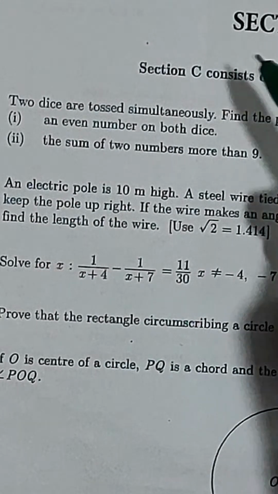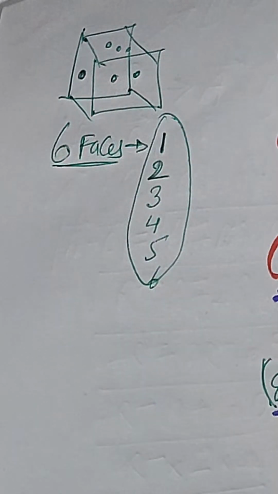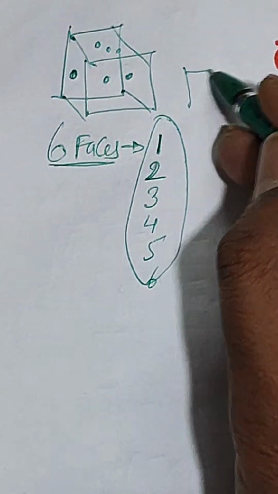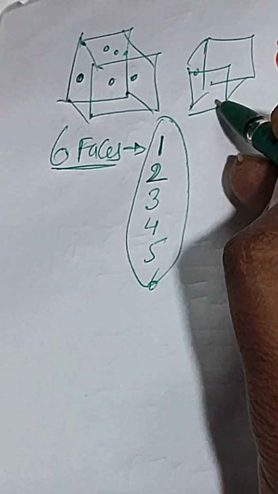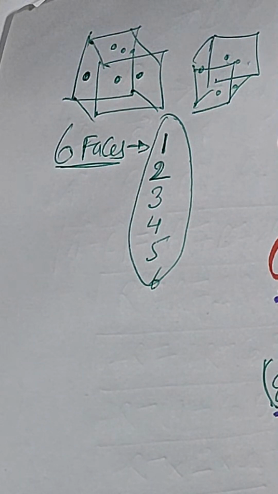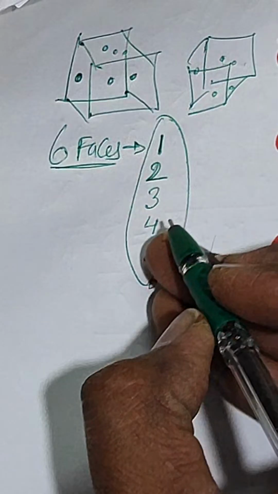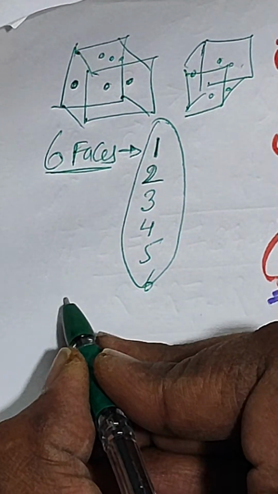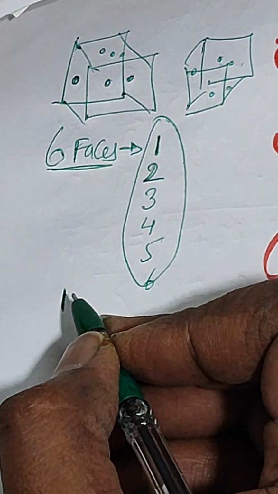So what is the probability of even number on both the dice? So there are 2 such dices. Another dice is also there and having the same arrangement, because all dices are same in this world, right? So if you just tossed once, the question was, what is the probability of an even number on both the dice?